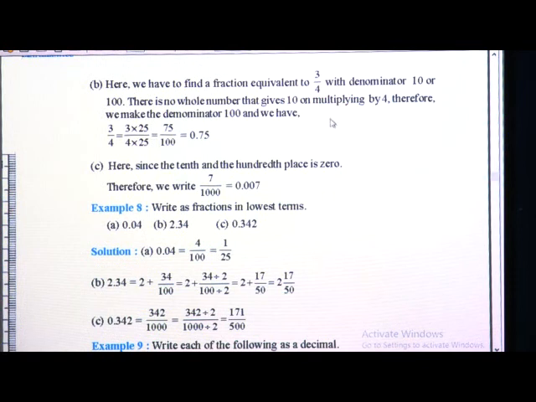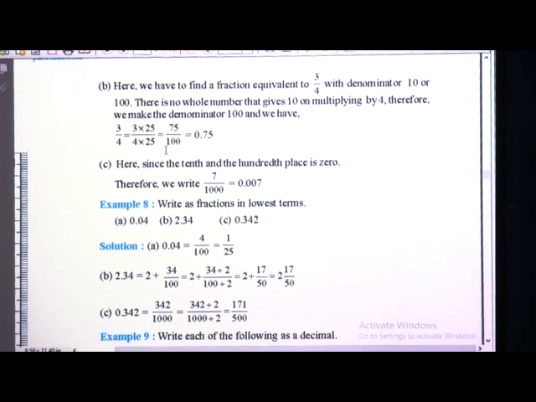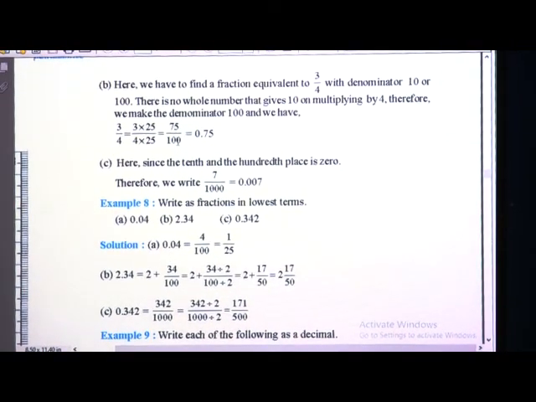So, we need to therefore make the denominator as 100. So, we know that 4 multiplied by 25 is 100 and 3 multiplied by 25 is 75. Thus, we got the fraction with the denominator 100 as 75 by 100.